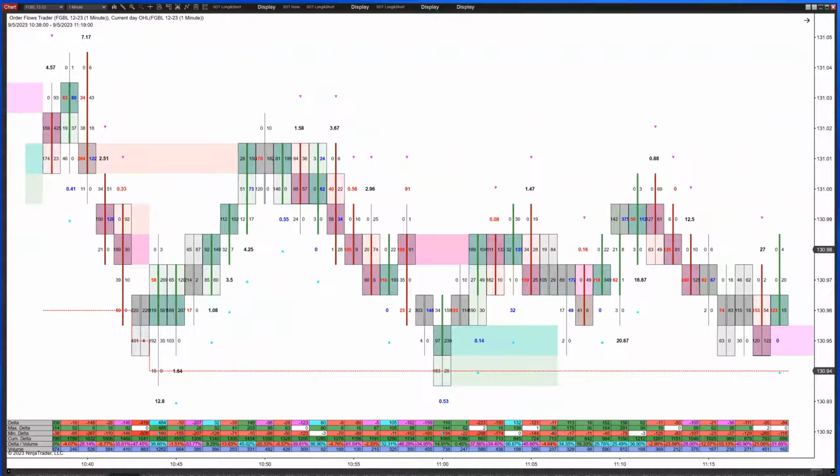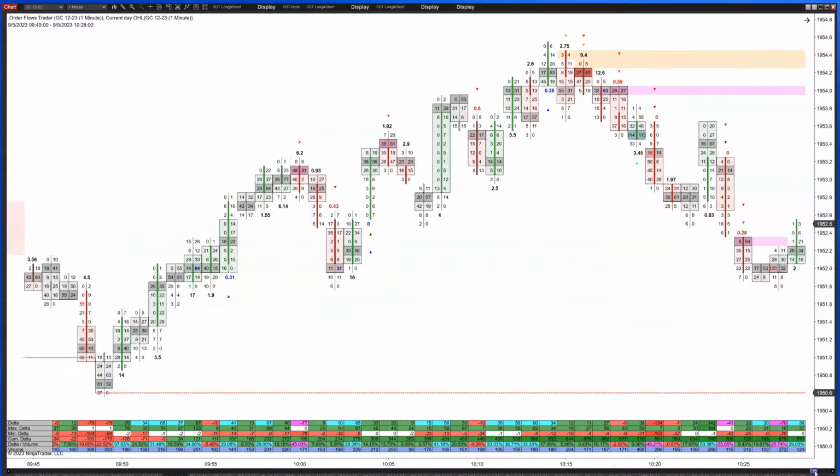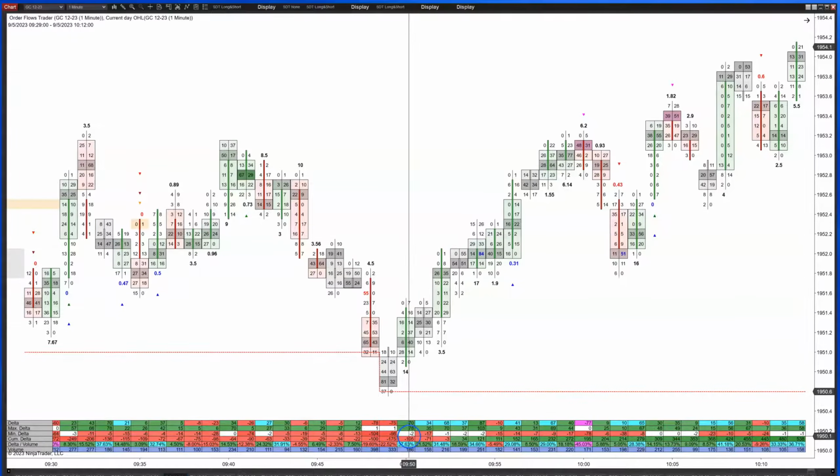Okay, well, that's that. Let me just really quick look at gold today. Again, here's where the bar, ignore the bar in the middle. 1 max, minus 2 min, closing near its max delta here.